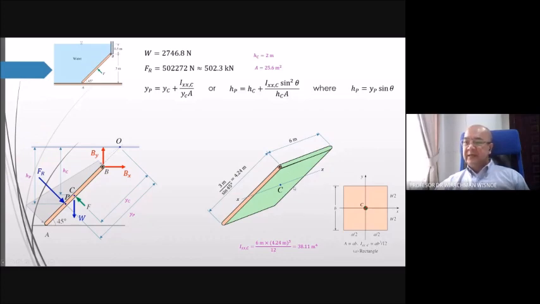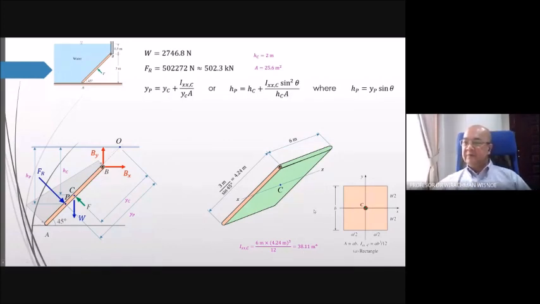So for our case, A will be 6 and B will be 4.24 meters. You obtain the moment of inertia of the gate about axis X passing through point C is 38.11 meters to the power of 4.